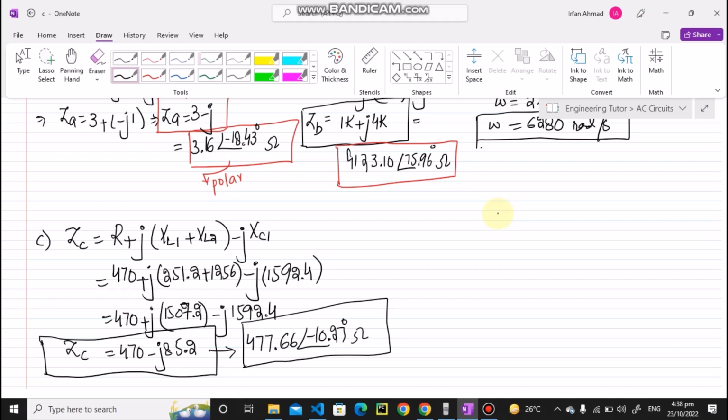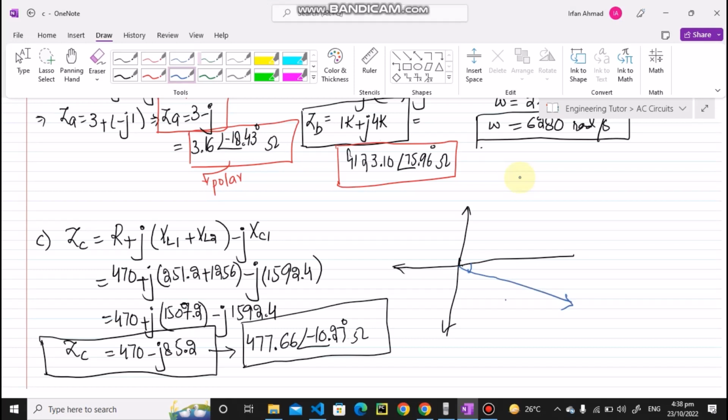By plotting it over the complex plane, the angle it will make will be clockwise.